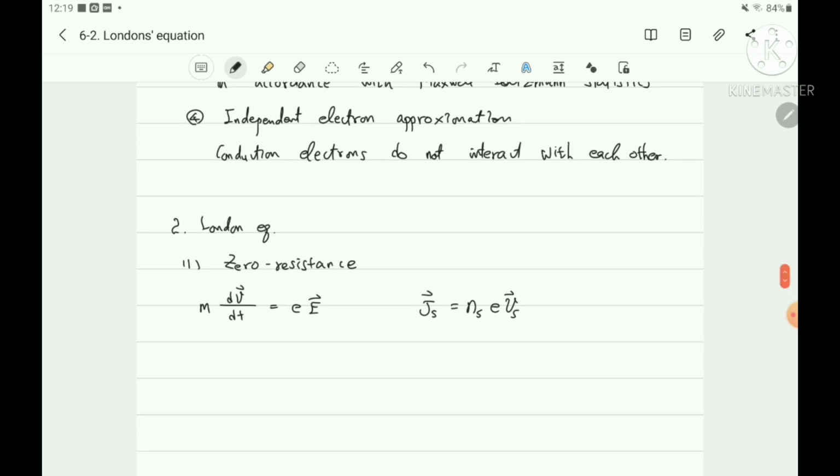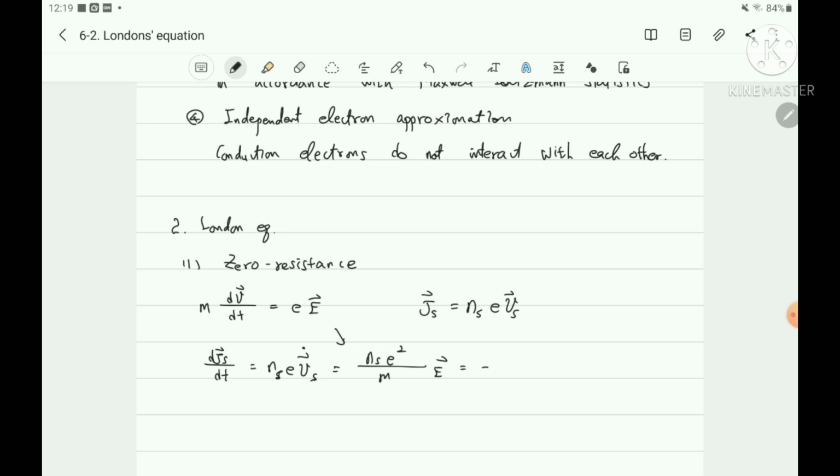Therefore dJs/dt is ns e v dot. From this, it is ns e squared over m.